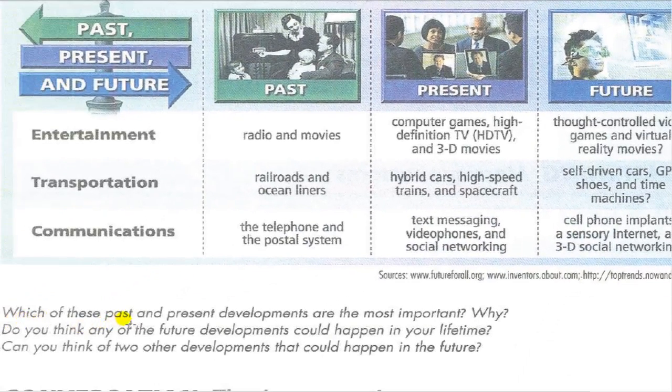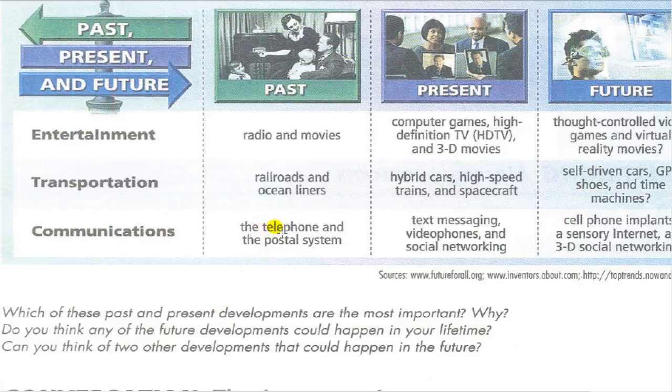Which of these past and present developments are the most important and why? For you, what do you think? What is the best invention? What is the most important invention in the past, present, and why? In the past, the telephone.